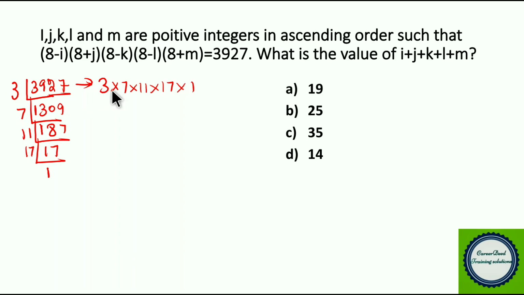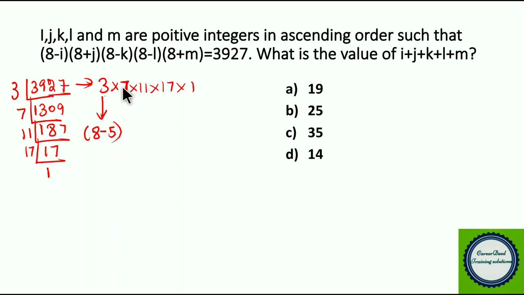Now if you want to get 3, so you have to subtract 3 from 8 minus I. So which number do you have to subtract from 8? You have to subtract 5 from 8, right? So instead of I, you can take it as 5.